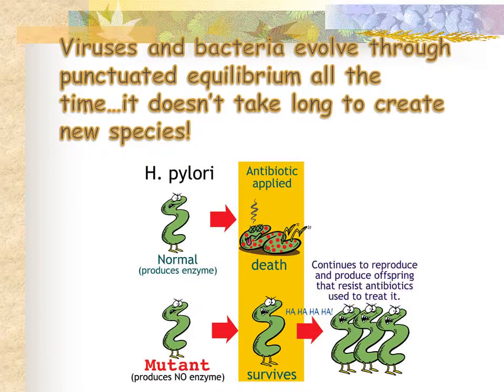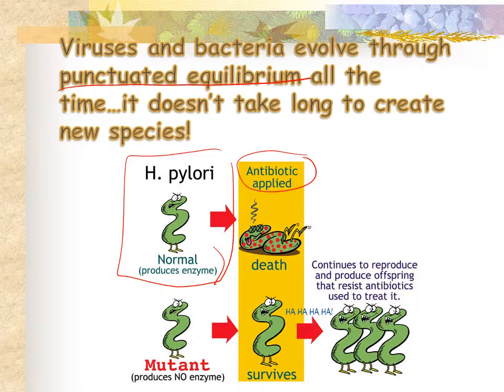Here's another example: viruses and bacteria. They also use punctuated equilibrium. You can create new viruses and bacteria species all the time. So for instance, H. pylori is the bacteria that gives ulcers in your stomach, and the normal version of that produces an enzyme, and when the person takes an antibiotic that would kill that bacteria, it works.